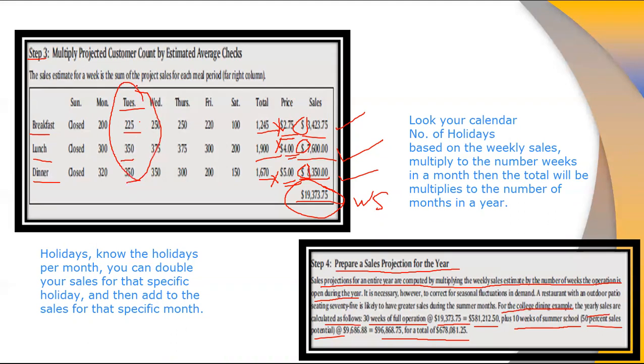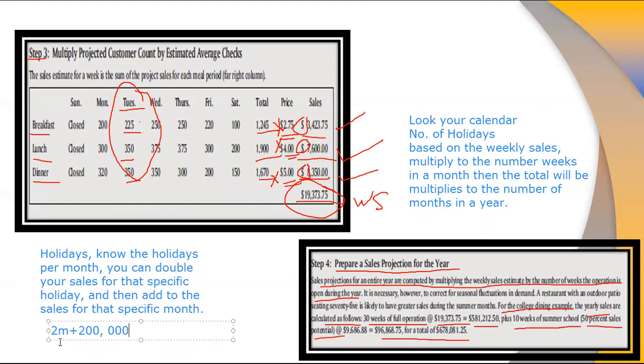Then you just add the holiday computation. For example, you have sales without the holiday of 2 million, without computing the sales for the specific day. And then for this specific day, you have 200,000. This is just an example, 200,000 for the holiday that falls on Tuesday.